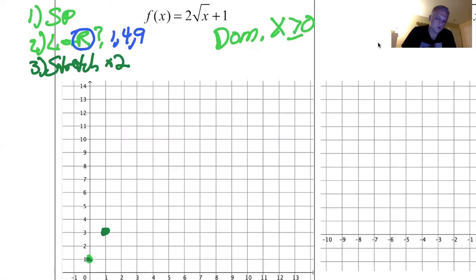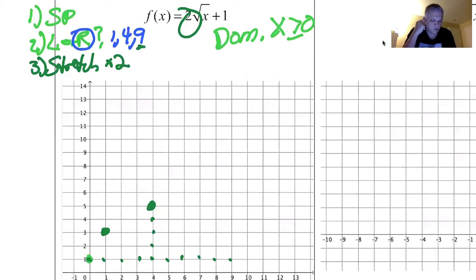So we went right 1 and up 2. Now we're going to go right 4, which we always do: 1, 2, 3, 4. Instead of going up 2, we're going to double it, so we go up 4. Then finally, we go right 9, as we always do.